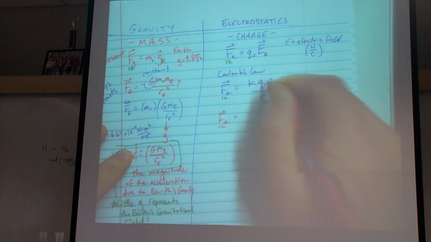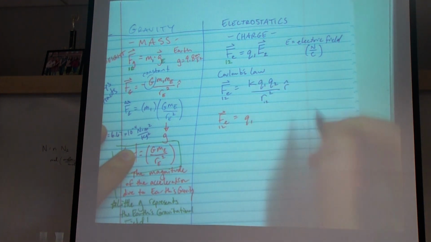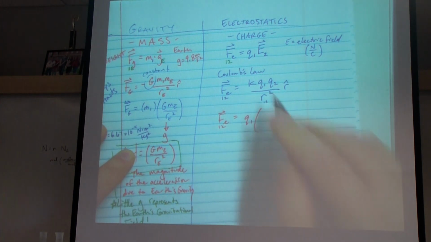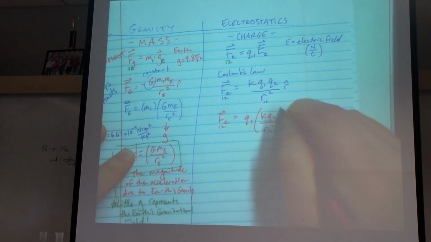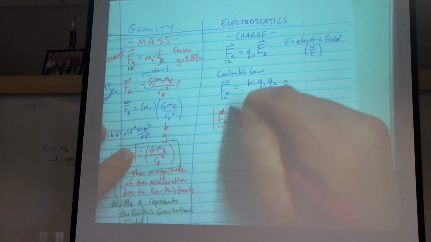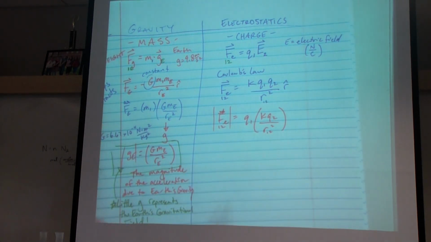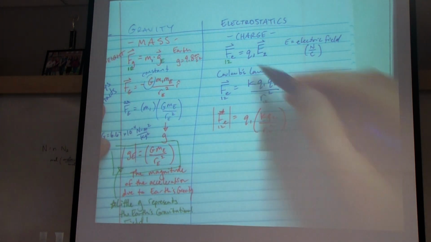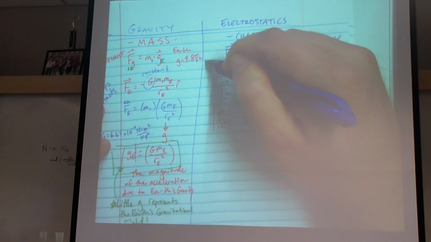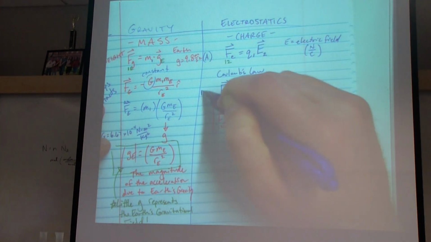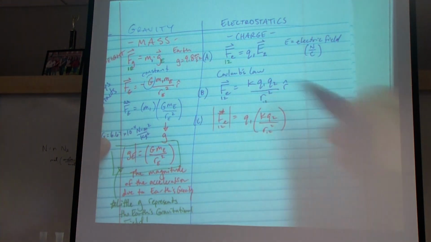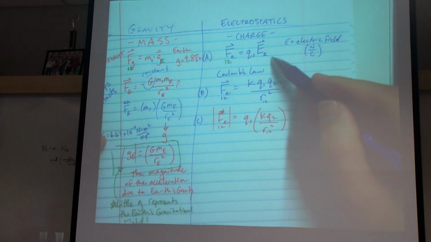Fe 2 equals, I'm just going to bring the Q1 to the outside, and whatever's left behind, K Q2 over R2 squared. Actually, let's talk about magnitude now for a second, just like I did over here. Let's put equation A, B, C, I'm just labeling this. Compare equation C to equation A, right?